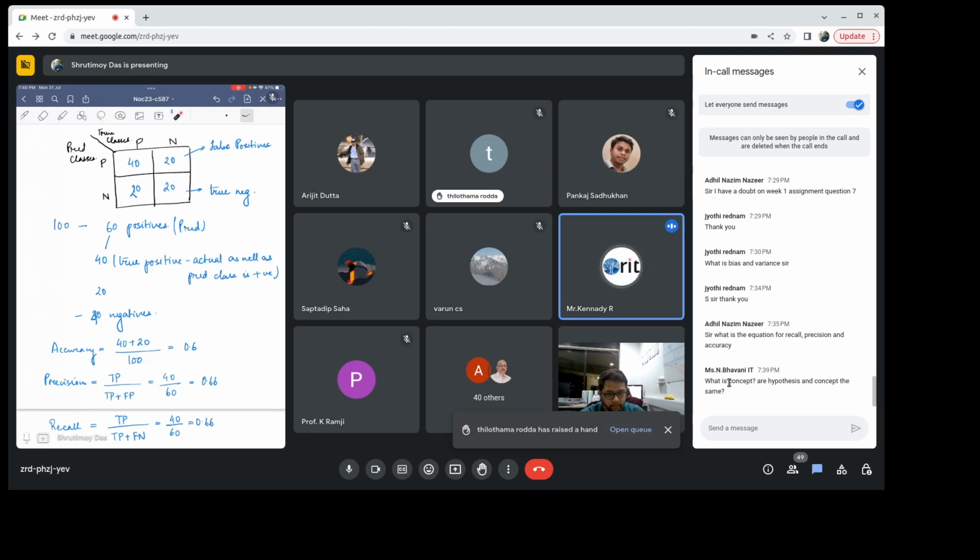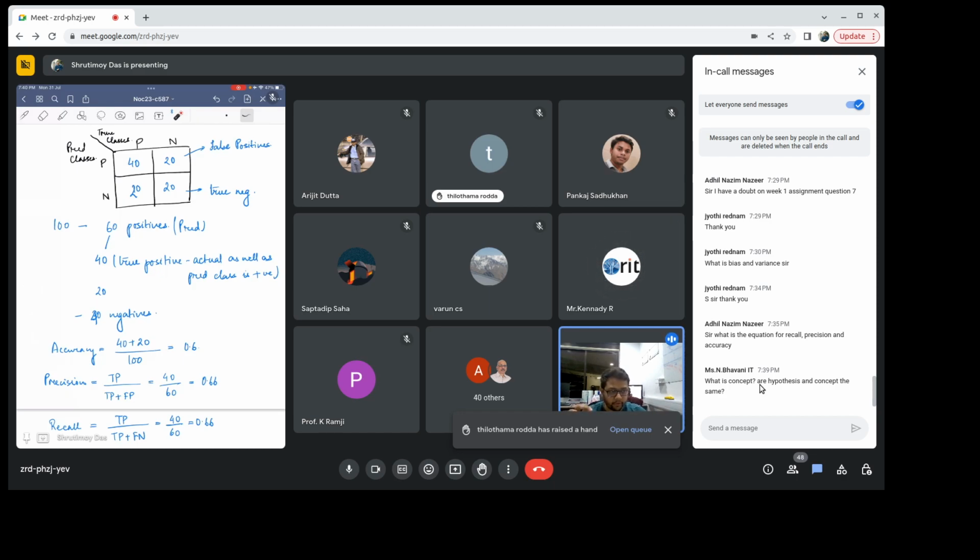So one is asking whether concept and hypothesis are the same. Actually no. Concept, suppose we have an example or a data set where we want to predict whether it is going to rain or not. So your concept is will it rain?